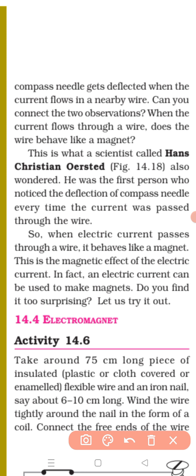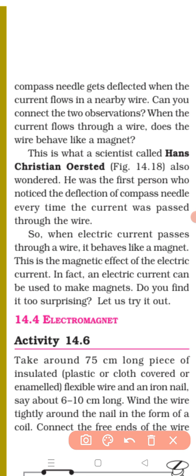This effect was first studied by Hans Christian Ørsted. He was the first scientist who noticed the deflection of the compass needle every time the current was passed through the wire.